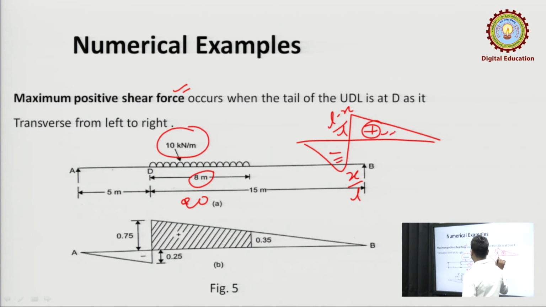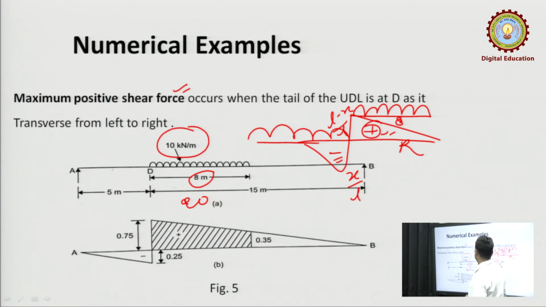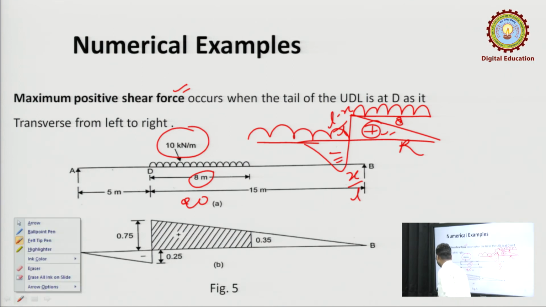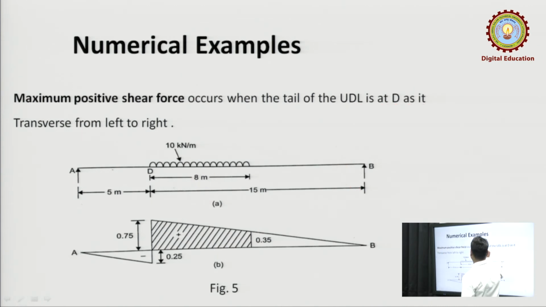The positive shear force occurs only when the UDL is on the right side of the figure. On the left side we get a negative shear force, and here we have to find the maximum positive shear force.